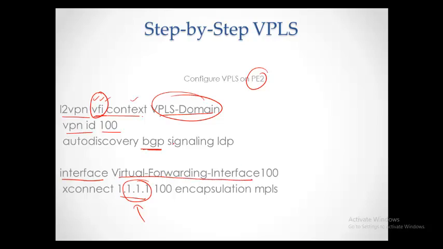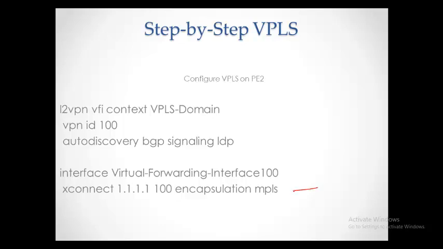So only this command is the same as what you did in the previous class. In the previous class, it was point to point, so we went straight to the interface. This time, we want multi-point. So you need a VFI first. And then we go to that VFI interface, which is ready to form a tunnel with multiple points. And then we say xconnect.